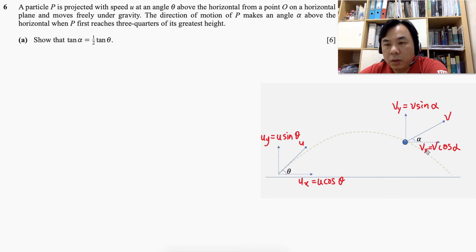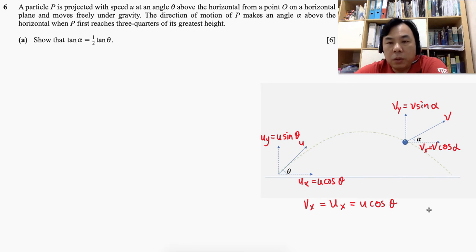So therefore, its horizontal component of the velocity remains the same as its horizontal component of the projectile motions before it was launched. Therefore, due to ignoring air resistance, we can conclude that the horizontal component remains the same as its initial component, which is the same as this one here. All right, now I hope that's clear.